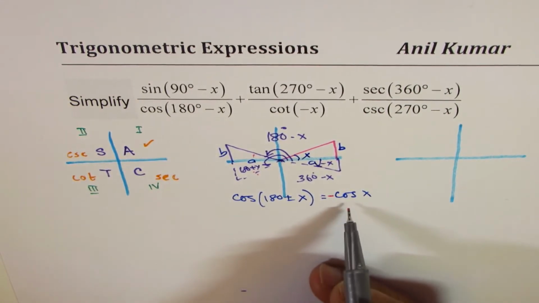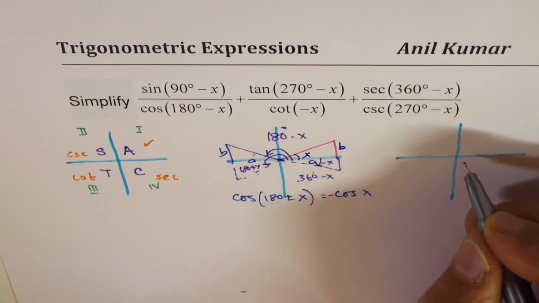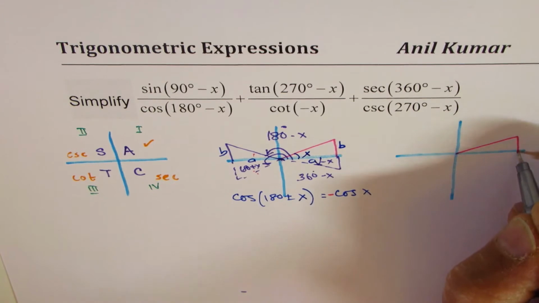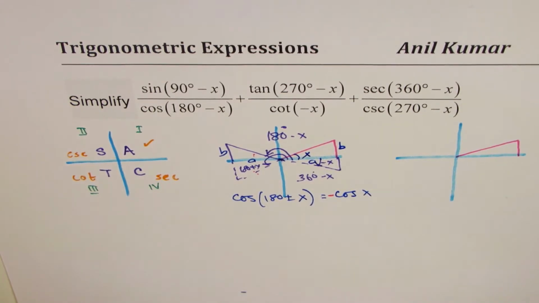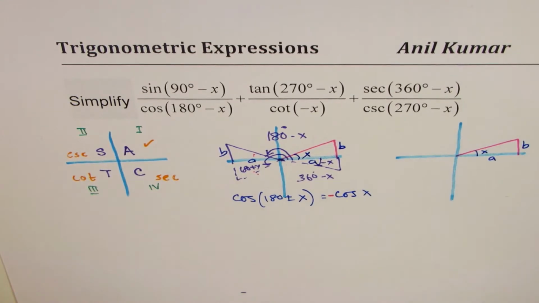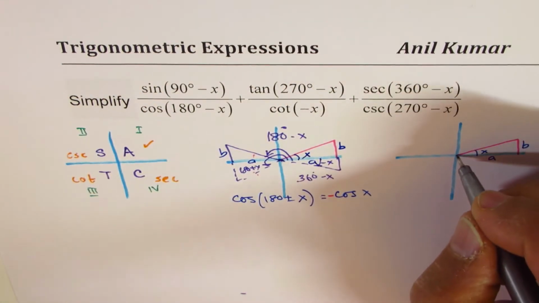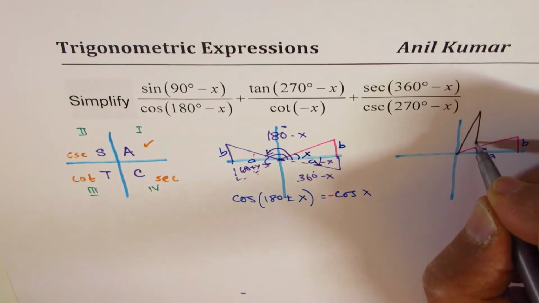Anyway, we'll not go into further details. We'll switch to this part. Here if we have a triangle with x degrees and again with the sides A and B, and if I rotate this triangle by, let us say, 90 minus x or 90 plus x. So if I do 90 minus x, it becomes kind of like this.